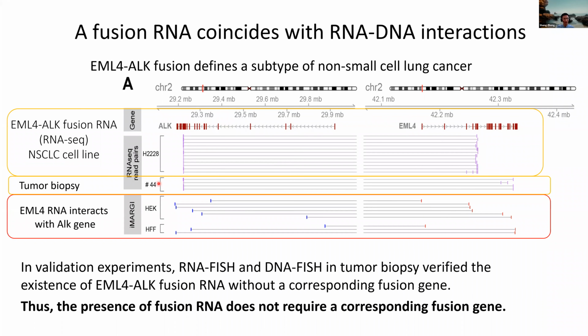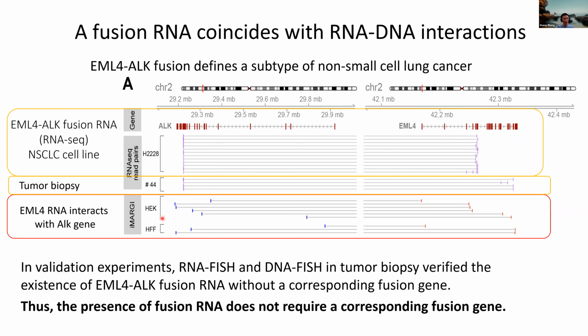So in one of our non-small cell lung cancer patients from the tumor biopsy, we observed fusion as well. But from these RNA sequencing read pairs, we can appreciate that although there is fusion RNA between these two genes, both in the cell line and in this particular person, it is different exons that are fused with the ALK between the cell line and the person.